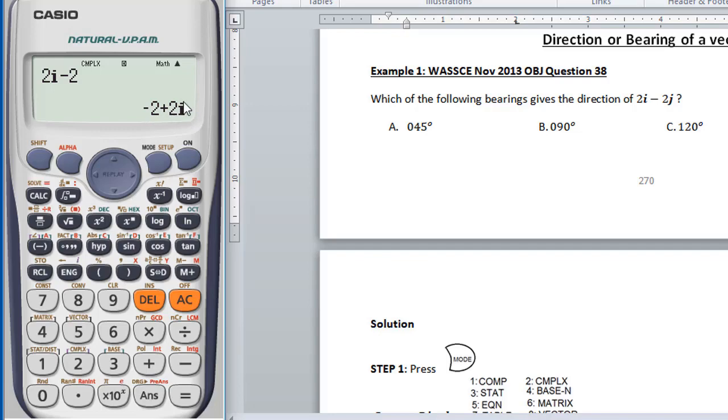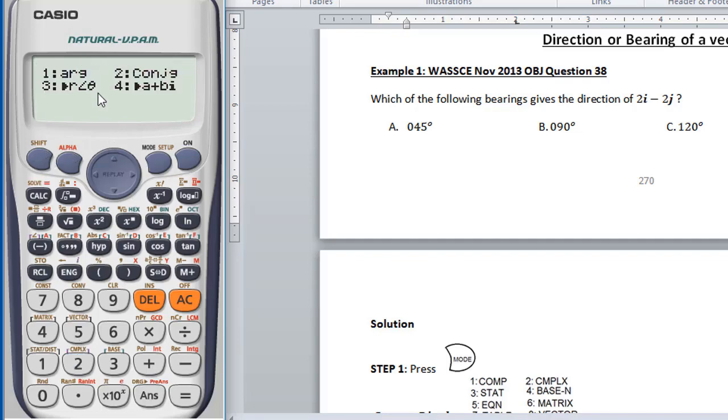I have said that this mode is not used for vectors, but we are just employing it to solve this question. You should understand that the 2i is the 2x here, that is the 2 on the x-axis, and now we want to find just the angle. There is no need to find the magnitude, so you first press on the equal sign and get this, then we go to shift 2.